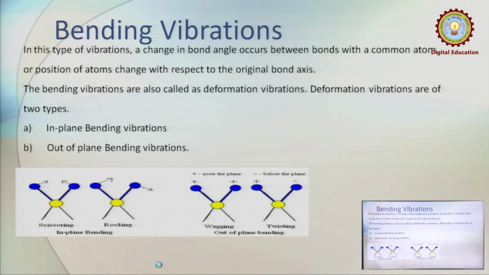These are the slides of bending vibration which we studied in the previous slides: scissoring vibration, rocking vibration, wagging and twisting. These bending vibrations are also known as deformation vibrations.